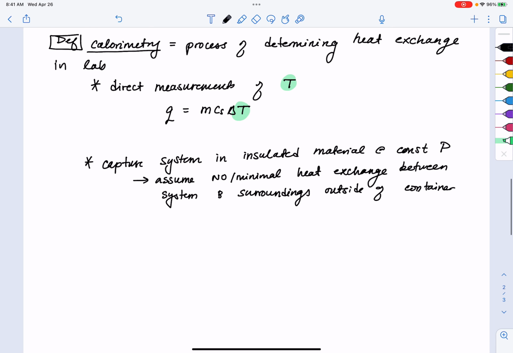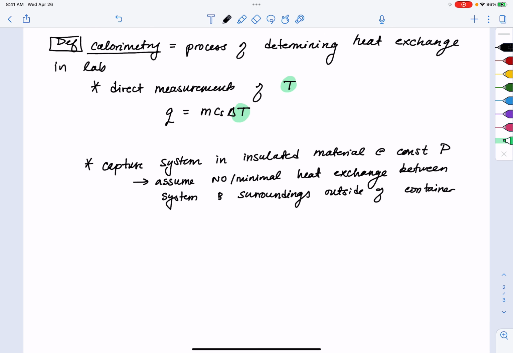So when we do calorimetry, coming up next week, we are going to be using insulated material that is just styrofoam coffee cups. And we are going to assume that if there's any kind of heat absorption by our system or heat release by our system, that is purely going to be an exchange that's happening between the actual chemical molecules that are the reactants and products and the solution environment that those chemical molecules are found in, right?